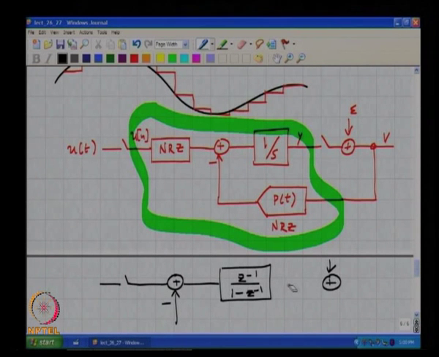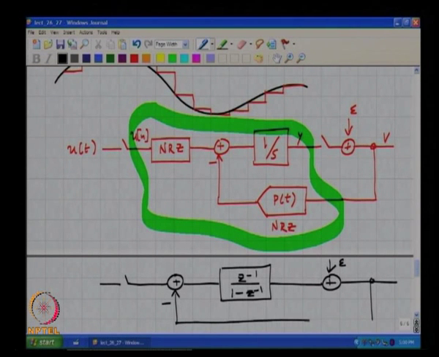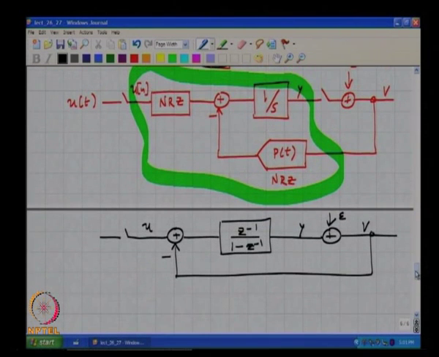There is no sampler at all here. Is this clear?